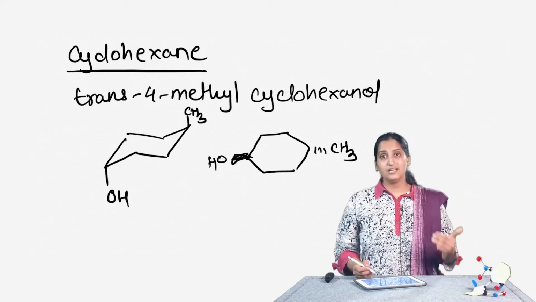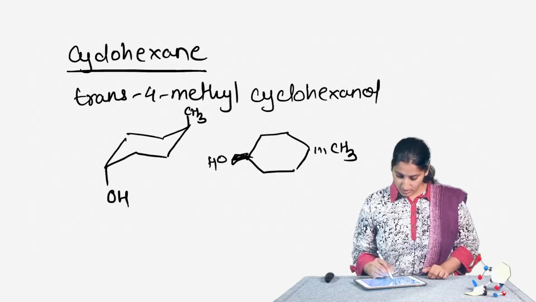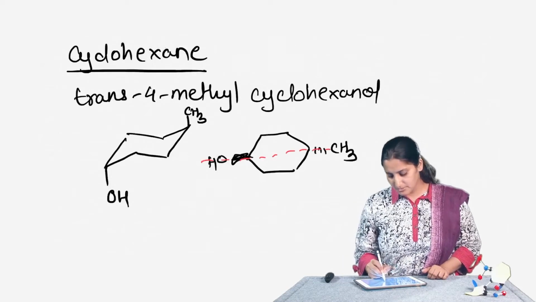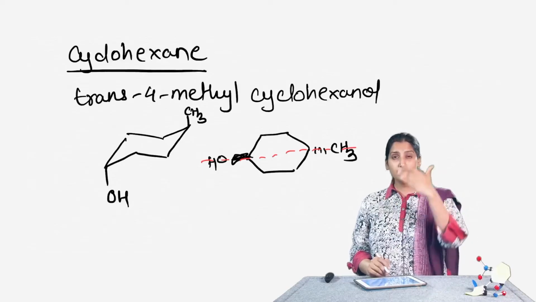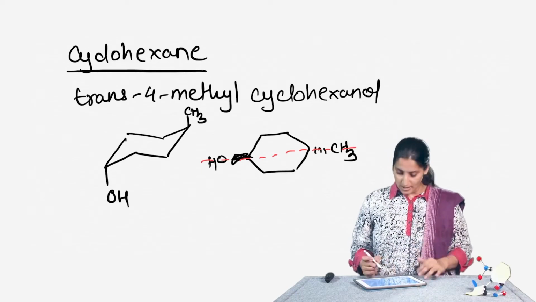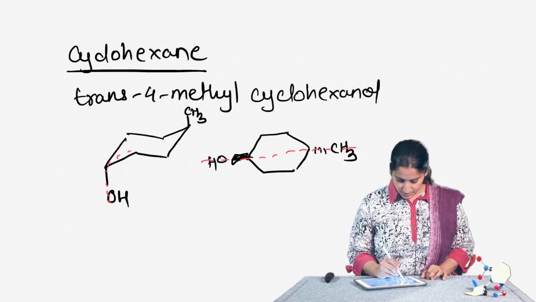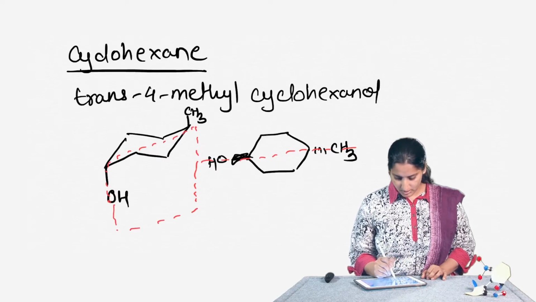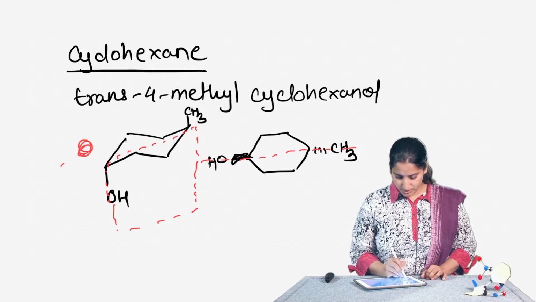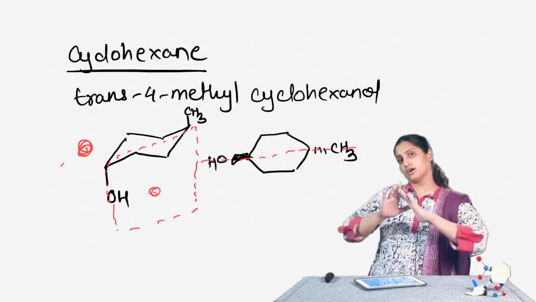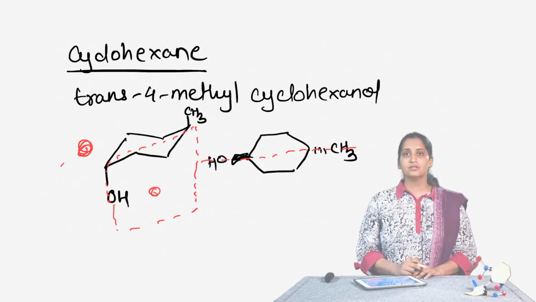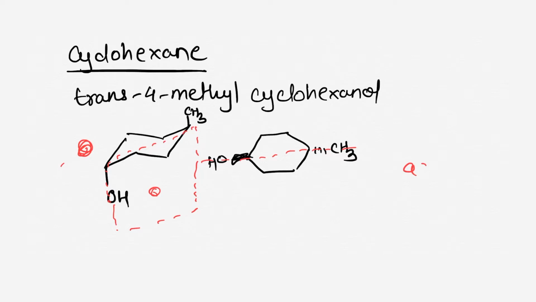As you can see, in the case of trans molecule, you still have a plane of symmetry, right, because you can cut through that OH and CH3. Even in this case, the plane of symmetry will kind of be like this, whereas this portion here and this portion, they two are kind of symmetrical with respect to each other, and the molecule will be achiral.